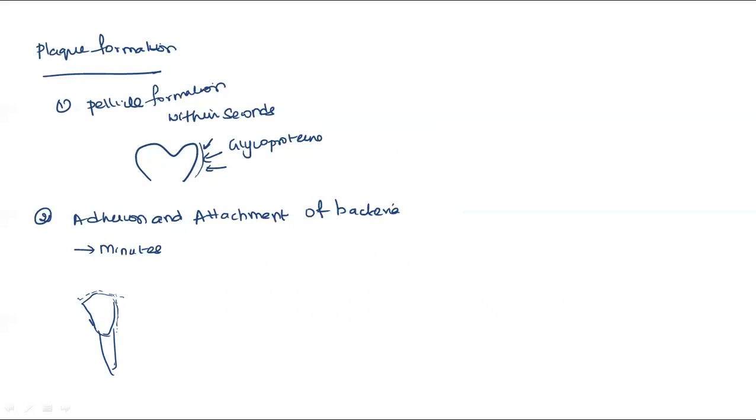Okay, now bacteria gets attached to this. This attachment is called initial adhesion, or primary adhesion. This is where bacteria attaches on the pellicle. Now there is firm attachment above that.